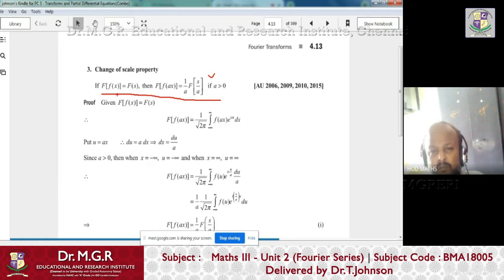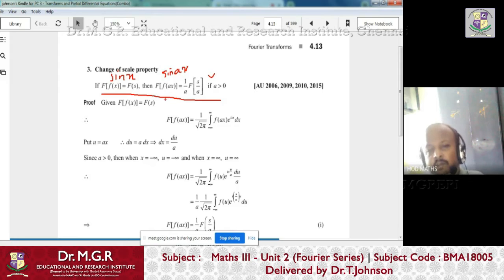Suppose you know the Fourier transform of f(x), say f(x) is sin x. Then we are able to find the Fourier transform of f(ax), meaning f(x) is sin(ax), suppose sin 2x or sin 3x.